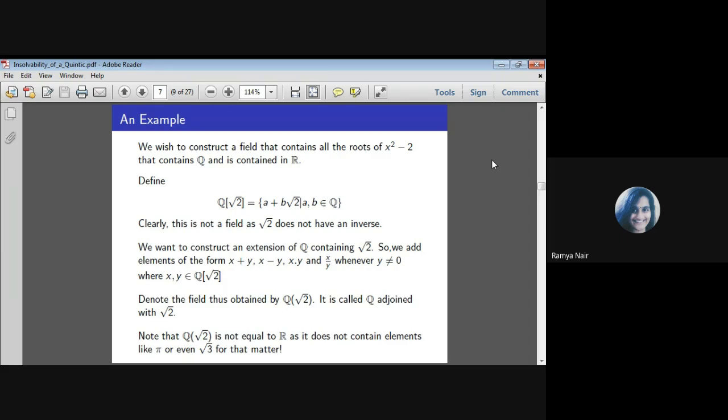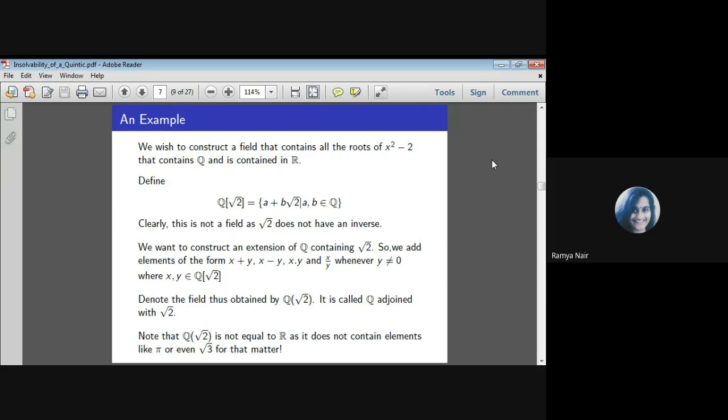Now Q adjoin root 2 is a field because I constructed it that way. This is a field which contains the set of rational numbers, but it is not equal to R either. It is a proper subfield of R, because elements like square root of 3 or any of those other irrational numbers like pi or e are not there, because you have constructed this out of that set which involves only these four basic operations.